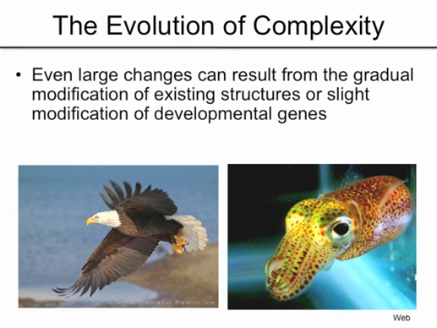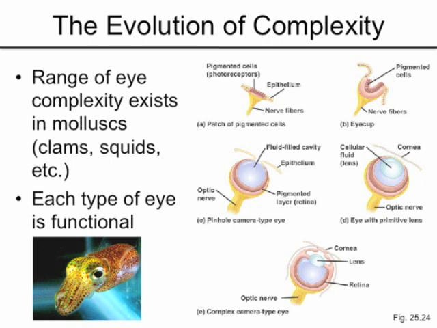Eyes are beautifully intricate. They have lots of parts that have to work together in perfect harmony for us to be able to see and have vision. Well, if we look at many different organisms, we can see a range of complexity, from very simple things in some organisms like mollusks, clams, and squids, where there is just a patch of light-responsive cells.